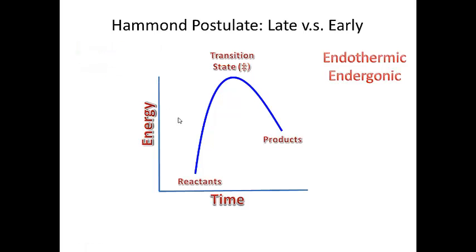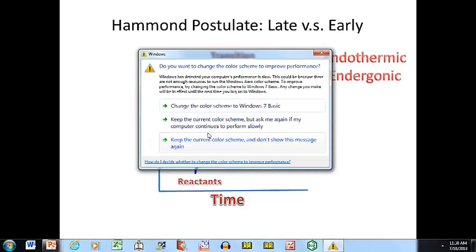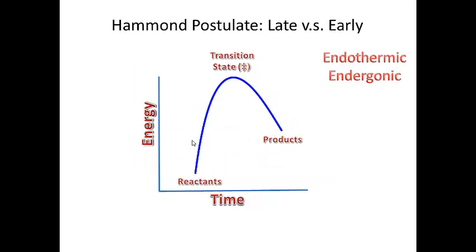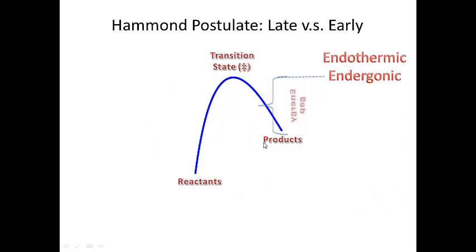So let's look at the converse of this and talk about an endothermic reaction, right? So again, we're talking about the Hammond postulate, and what we're saying is that the transition state is going to resemble the species, be it reactants or products, that is closest in energy, right? So let's look at the energy difference here.